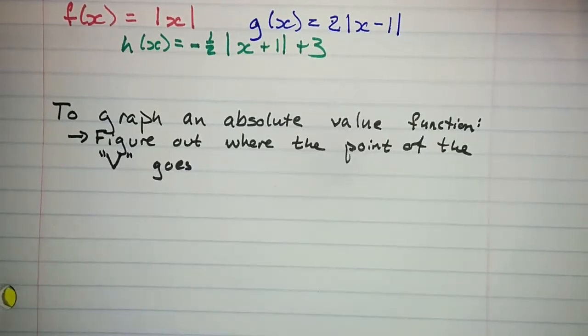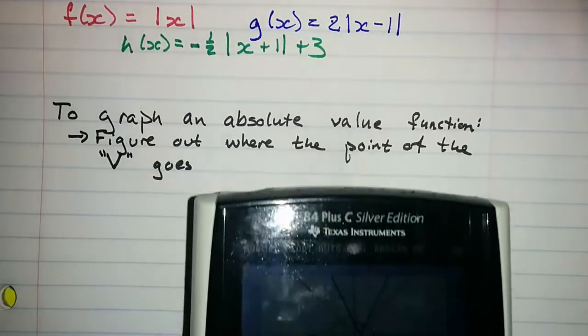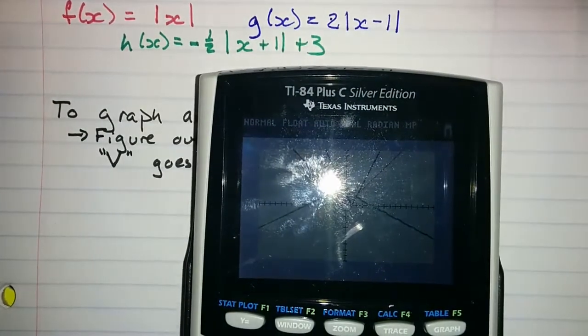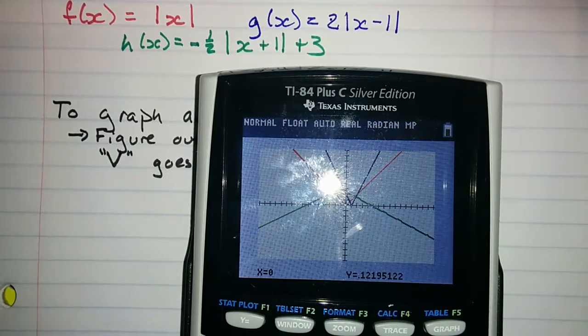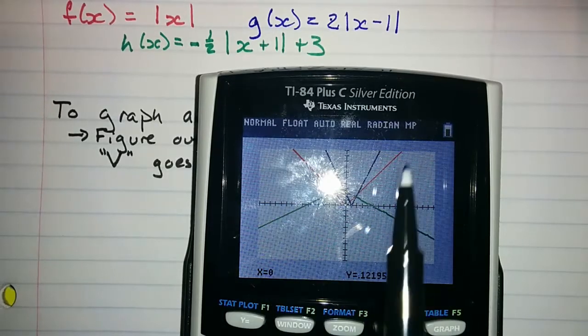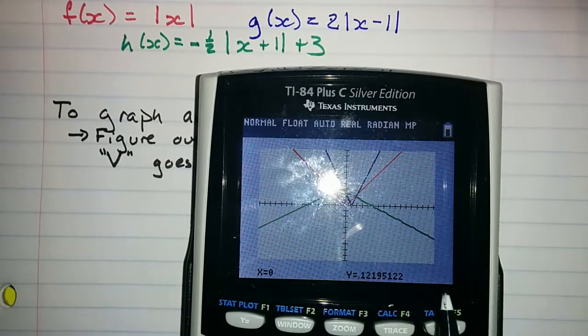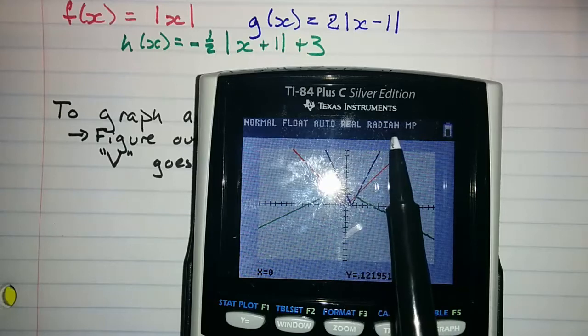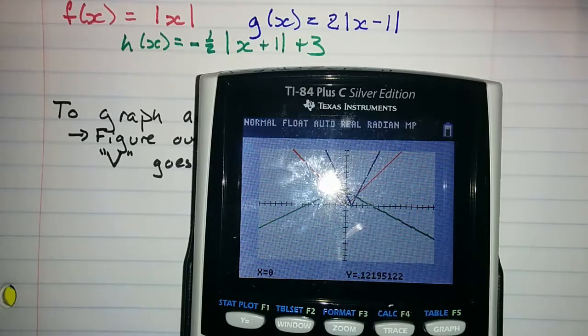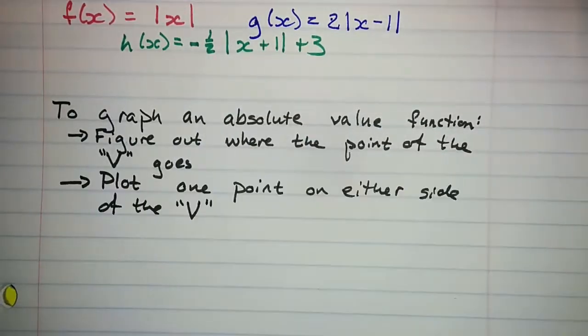And then, because I see that some of these V's open upward and some of them open downward, some are steeper, some are shallower, but they're pretty much straight lines, I think if I can find one point on either side of the V, I should be in good shape. All right, let's draw some of these graphs.